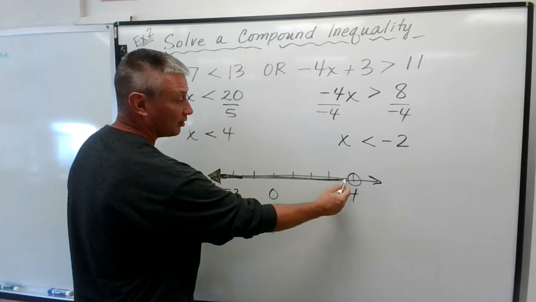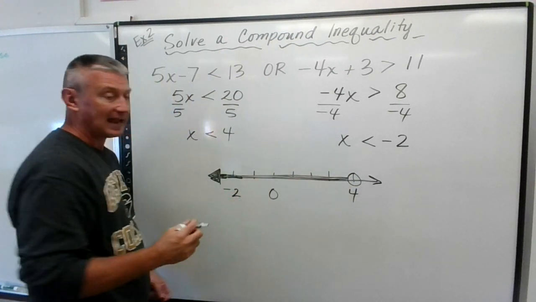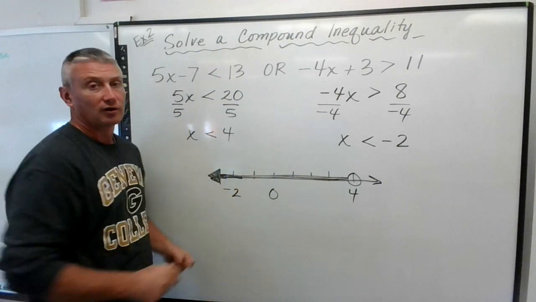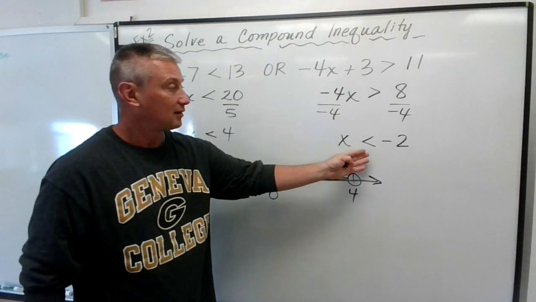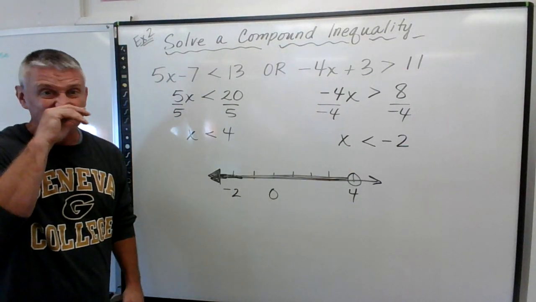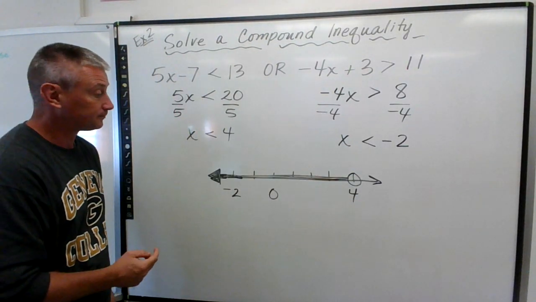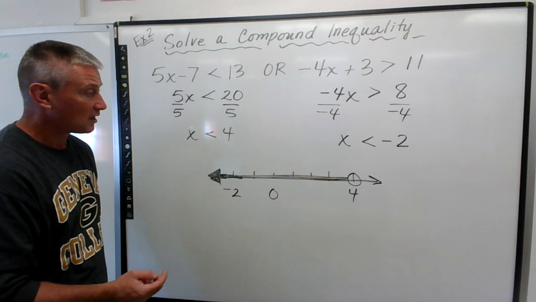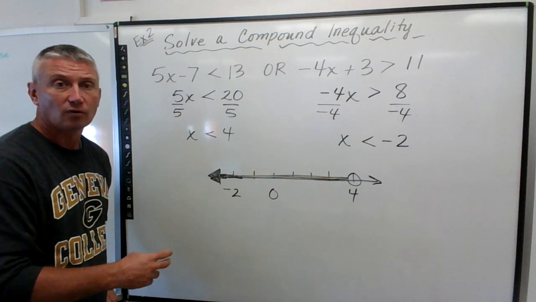If I take any number that is less than 4, let's take 3. 3 is less than 4. Yes. Is 3 less than negative 2? No, it is not. So it won't satisfy that. It can be either or, right?